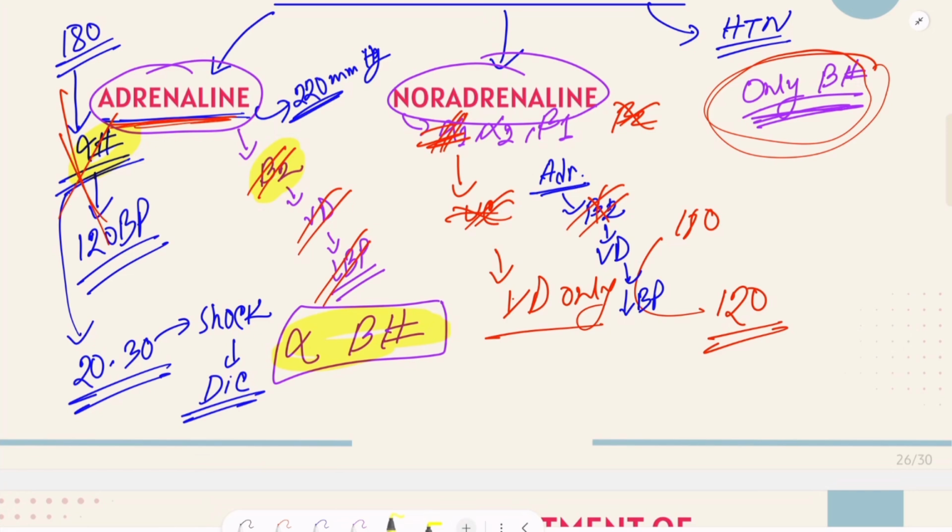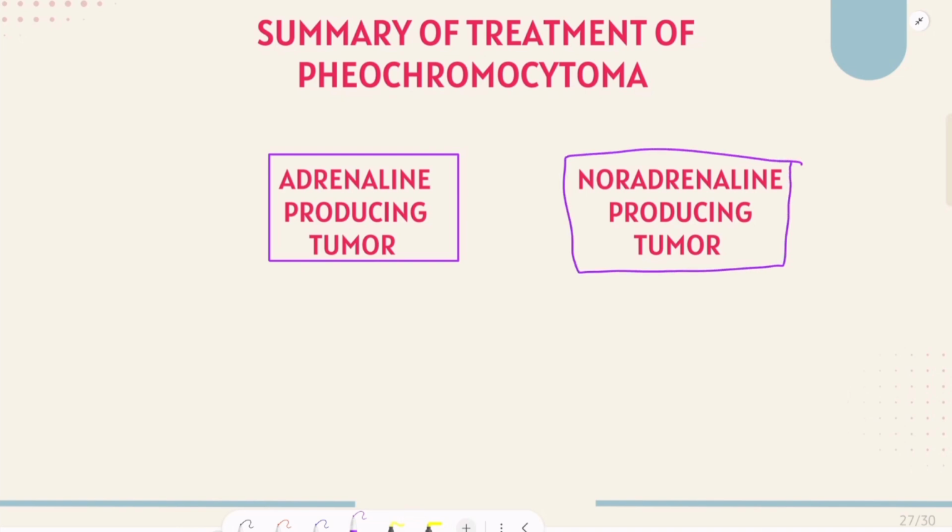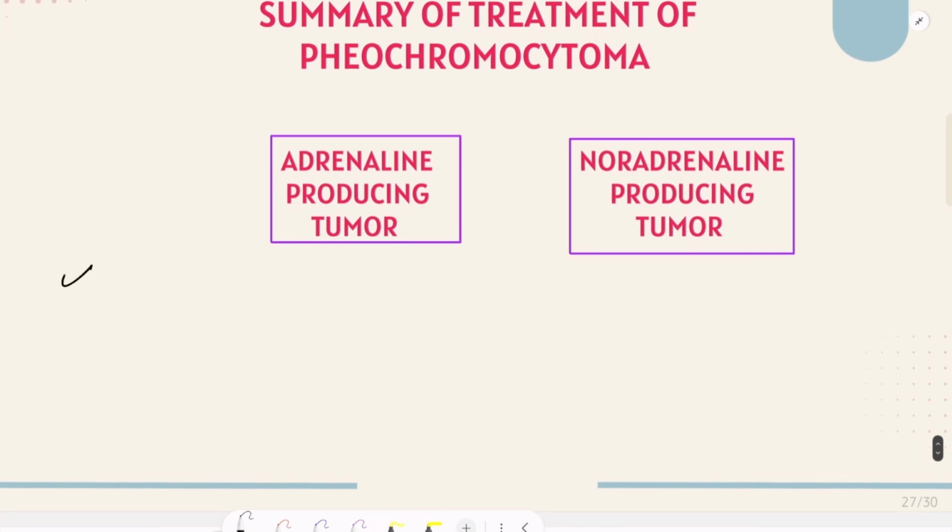To summarize what we have discussed, we have the adrenaline producing tumor and the noradrenaline producing tumor, and we have three drug options: alpha blocker only, beta blocker only, and alpha plus beta blocker. In an adrenaline producing tumor, an alpha blocker only is contraindicated because that will cause vasomotor reversal.